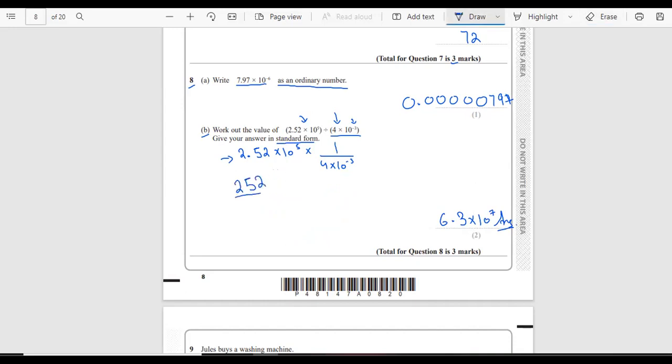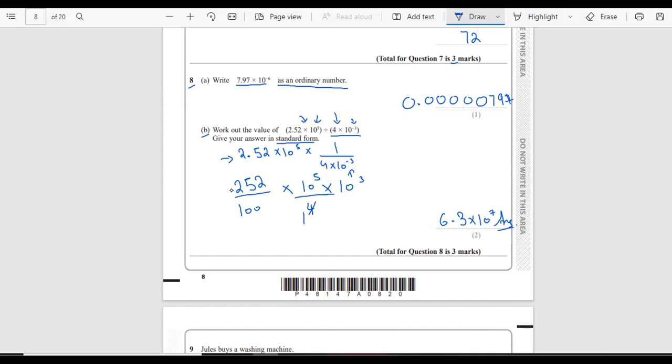Now 52 divided by 100 with this 10 to the power minus 3. I'll take this to the numerator and it would become 10 to the power 3, right? Where did you get 10 to the power of 5 from? From here. Oh, I see. Okay. And then this was divided by 4. 4 is still in the denominator.